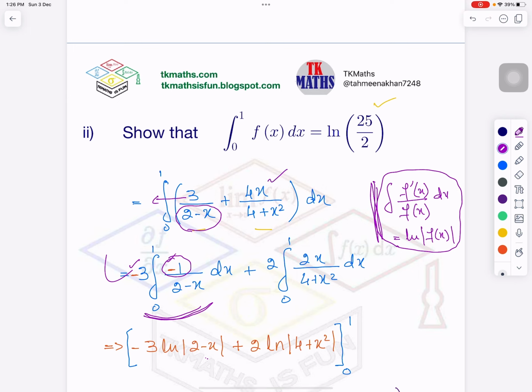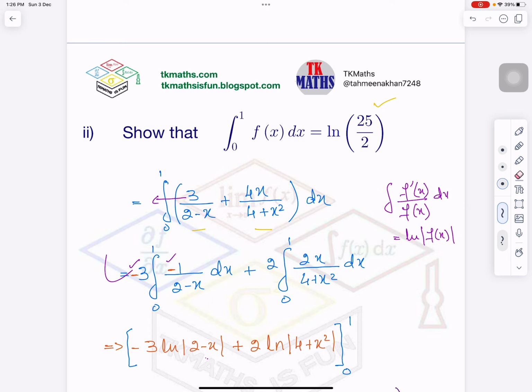Similarly, in the second term of the integration, let me clean the board a bit so you will understand better. Okay, so now when I'm integrating it, if I differentiate the denominator, which is 4 plus x square here, what is the differentiation? Oh, sorry, 4 plus x square gives 2x.